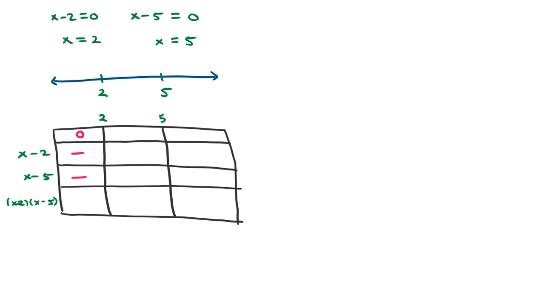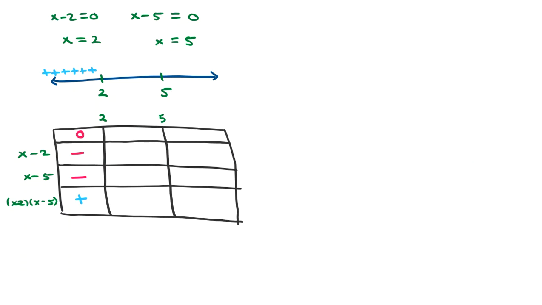But when you multiply x minus 2 by x minus 5 with 0 plugged in, you get a negative times a negative, which gives us a positive. What that means is that any value of x that we plug in that's less than 2 is going to make the polynomial positive.